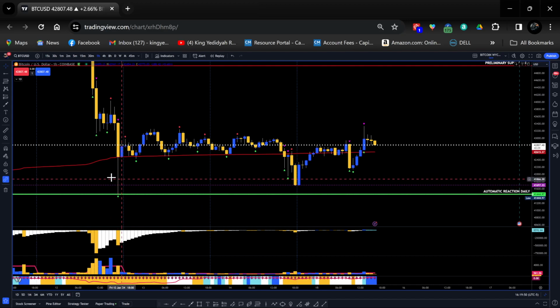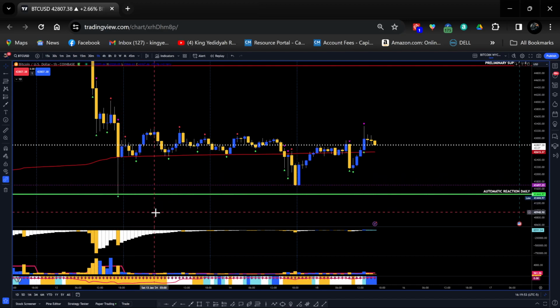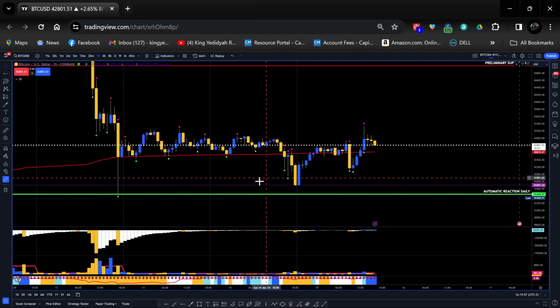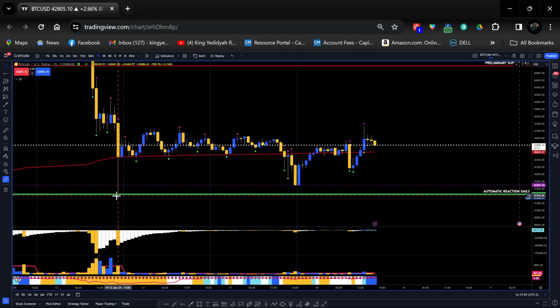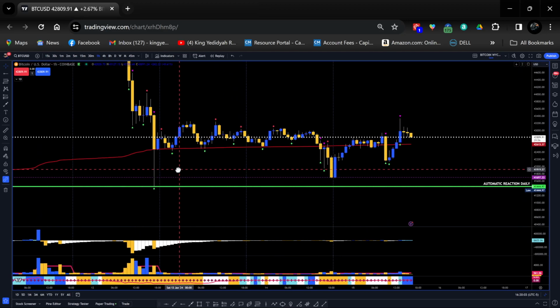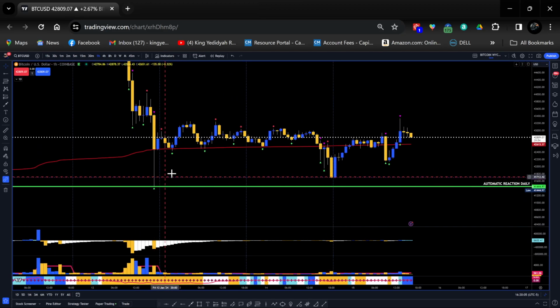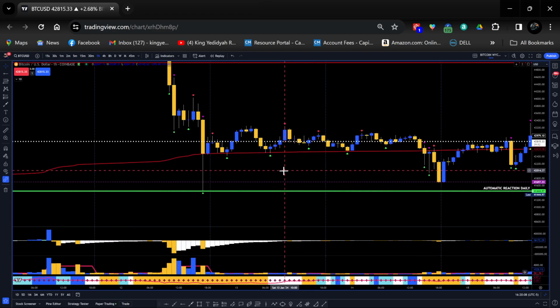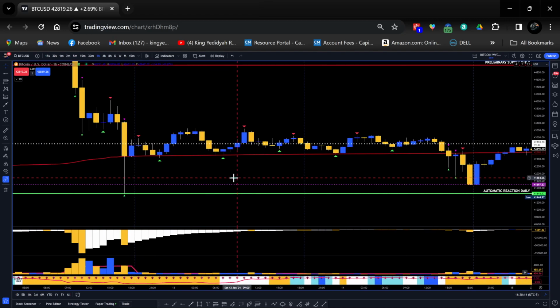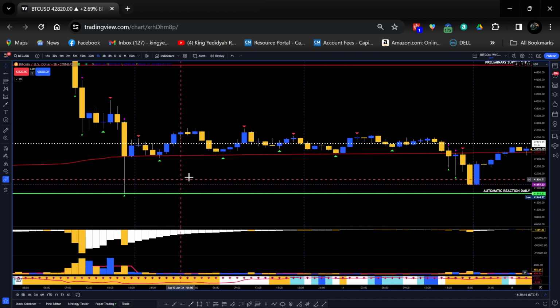See how that VWAP deviation actually acts as the structure bottom, if you ignore the wick. If you were to zoom in, there's actually a wick that goes all the way down to where you have the green line, the automatic reaction daily. But you can't see it without the wick. I can't see it now. It's right there though.